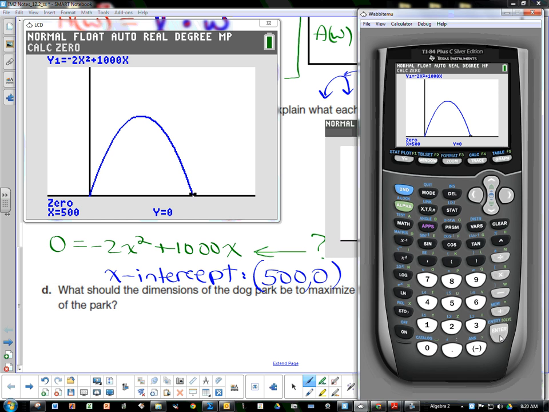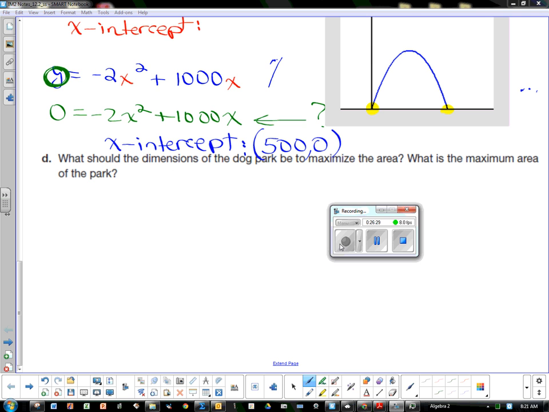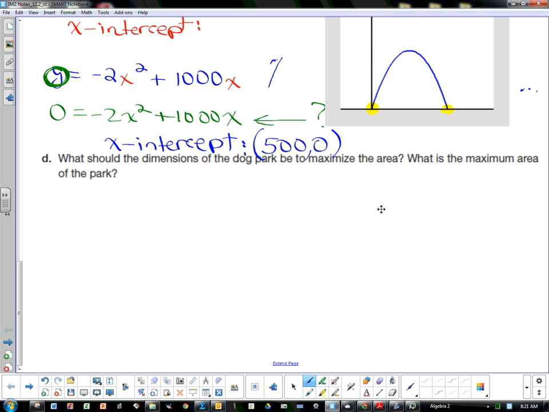And you've got to understand that when y equals 0, x is equal to 500. All right? So let me record that. The other x-intercept is right here, and it is absolutely 0, comma, 0.